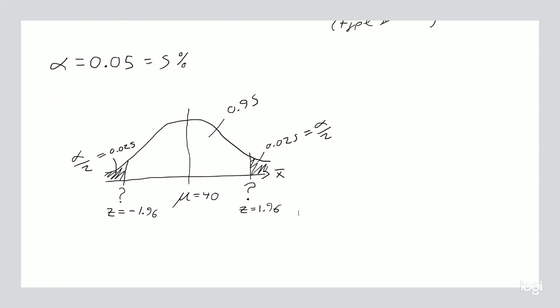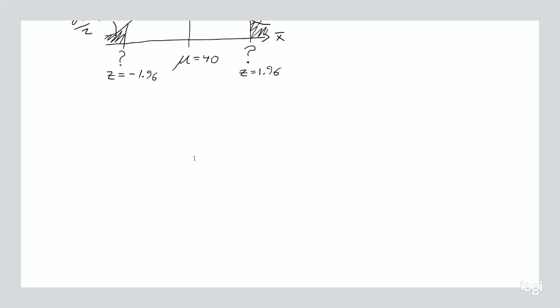So let's say we look at our data after doing a study. Let's say we looked at 40 deliveries. And the sample mean for the time of those 40 deliveries was 42 minutes. And the standard deviation was 5 minutes.